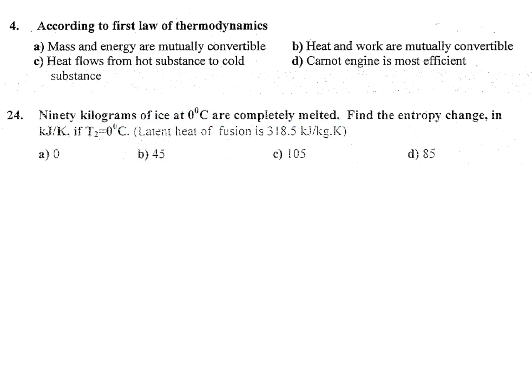According to the first law of thermodynamics: A, mass and energy are mutually convertible. B, heat and work are mutually convertible. C, heat flows from hot substance to cold substance. D, Carnot engine is most efficient. C is for the second law. Carnot engine efficiency is also the second law.